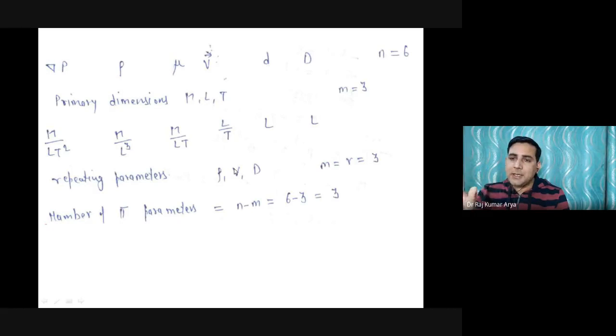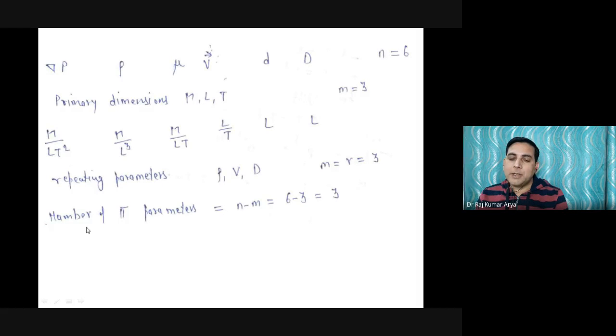Now also check whether all your primary dimensions have been involved or not. Yes, all of them have come here. Density has mass, velocity has time, and diameter has L, right? Correct or not? So everything came here. So your M is equal to 3 here. Repeating variables are also 3.